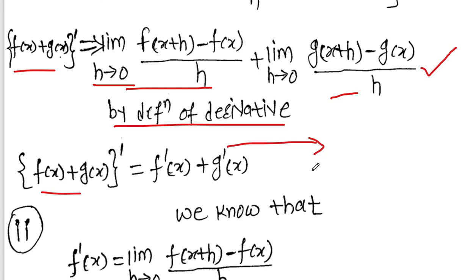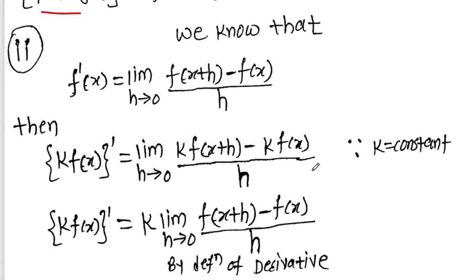Now we will see the second part of this theorem. What is the second part? We have to show that the derivative of k f(x) equals k f'(x). For that we know the definition of the derivative.